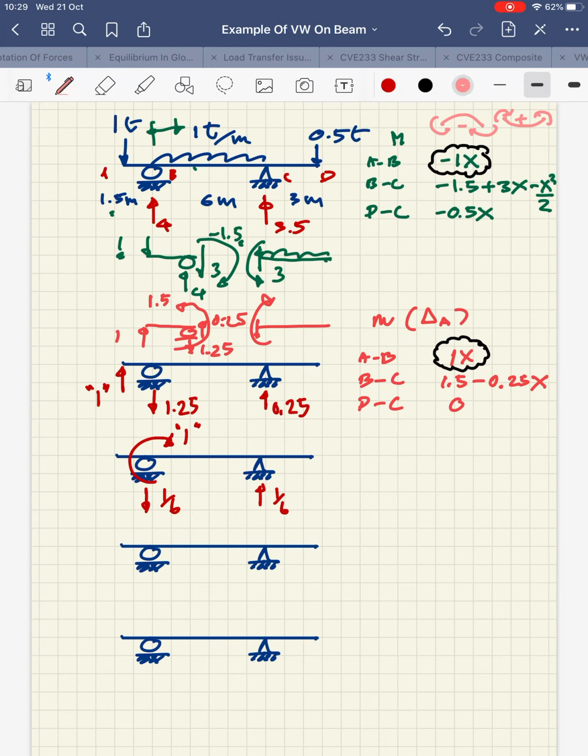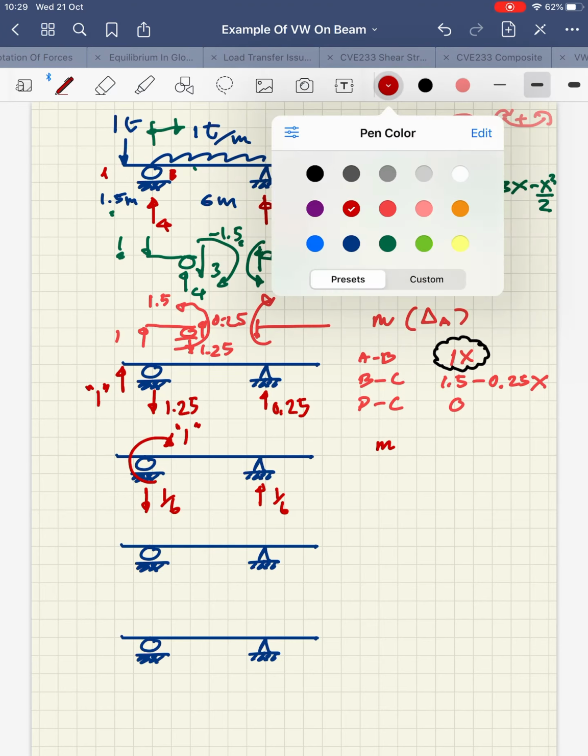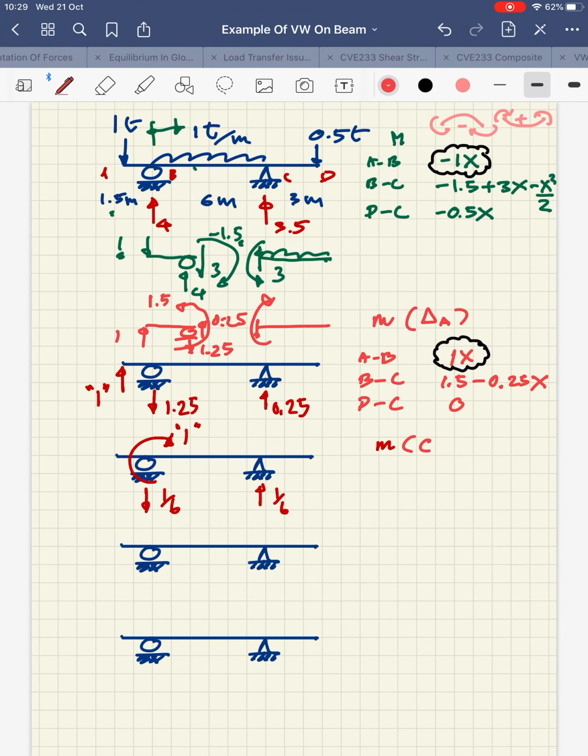So this is going to be my 2 reactions, okay? And by sticking with the same sign convention, let's change that into this one, okay? The calculation for a rotation at B, moment from A to B, well, that's going to be 0.